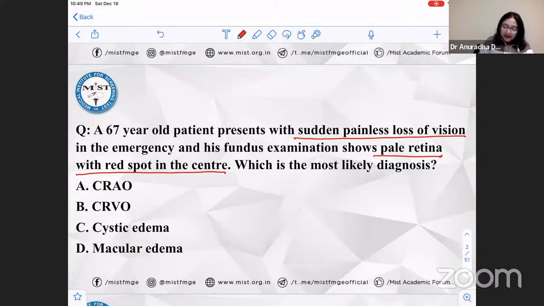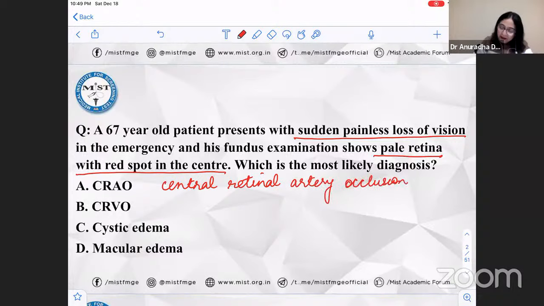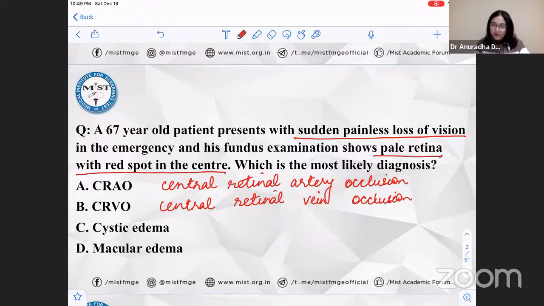But we know CRAO stands for central retinal artery occlusion, and CRVO stands for central retinal vein occlusion. The third choice is cystic edema, which is again mostly seen in the macular area. The D choice was macular edema.